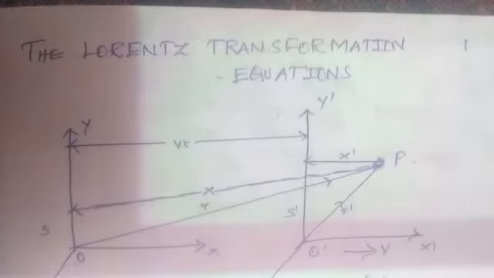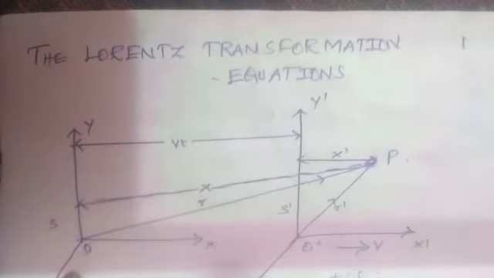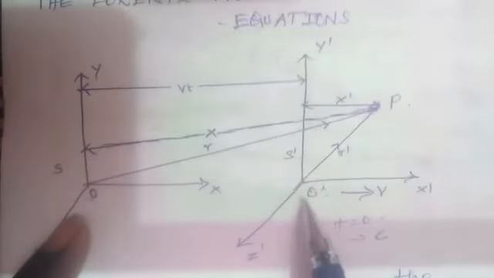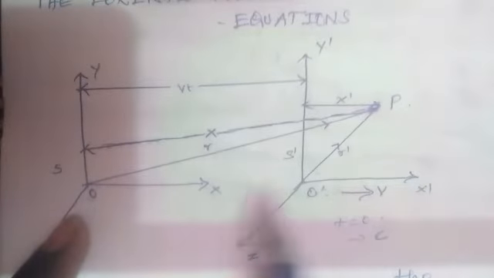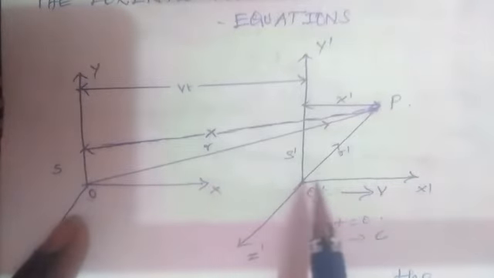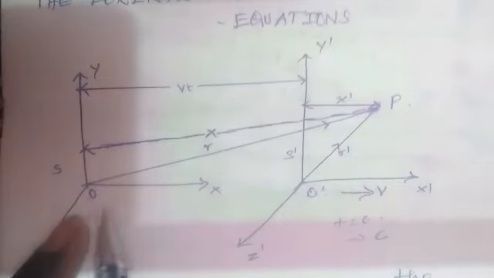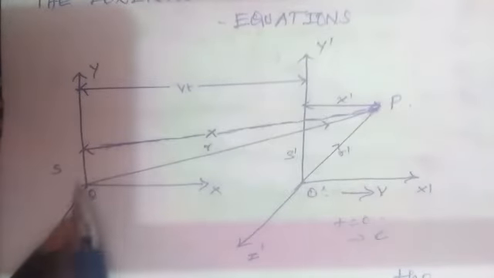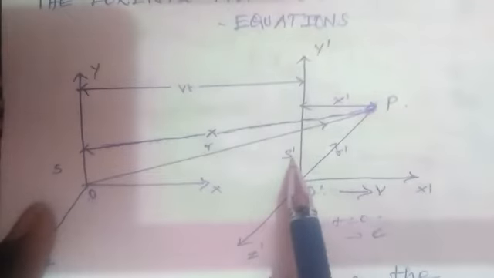Now consider two points O and O dash, like observers, in two systems S and S prime.